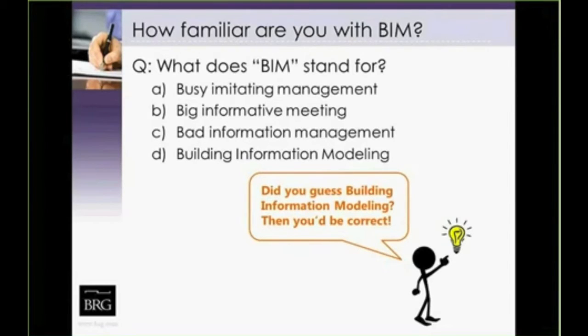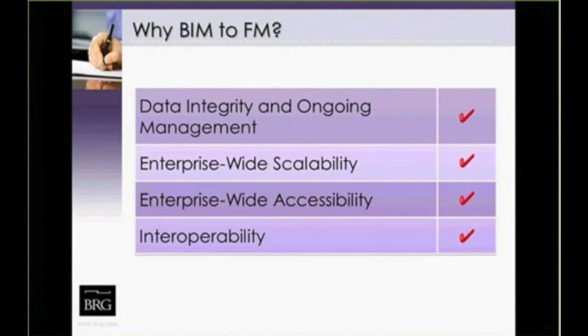So BIM really is the process of generating and managing building data during the entire building life cycle. So it takes information a step further than CAD traditionally took it. A lot of organizations nowadays are looking to BIM to go a step further than what CAD historically took them.